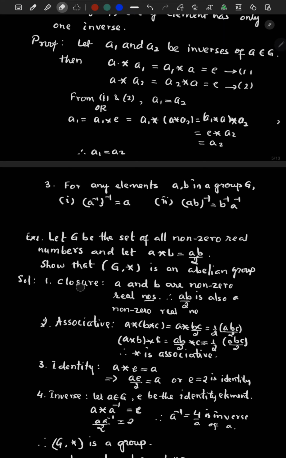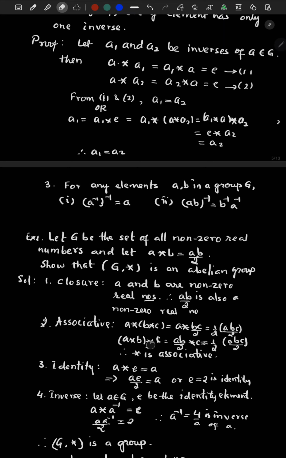For the closure property, in this order only we have to check: first closure, then associative, then identity, then inverse. Closure property: A and B are non-zero real numbers, so their multiplication is also non-zero. If you divide that by 2, that is again going to be a real number. So AB divided by 2 belongs to G.